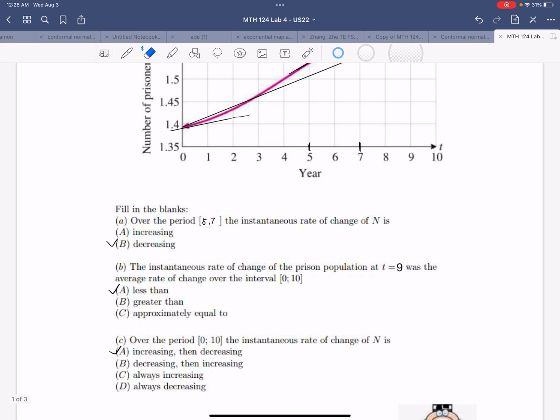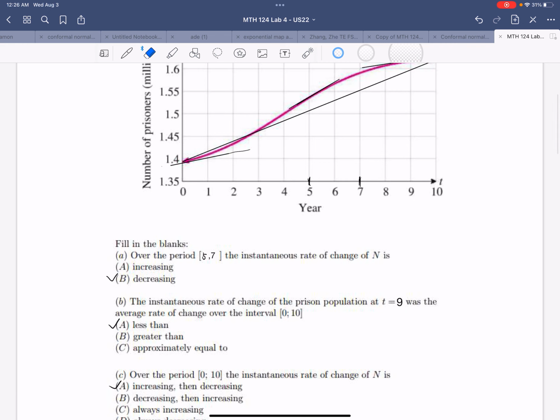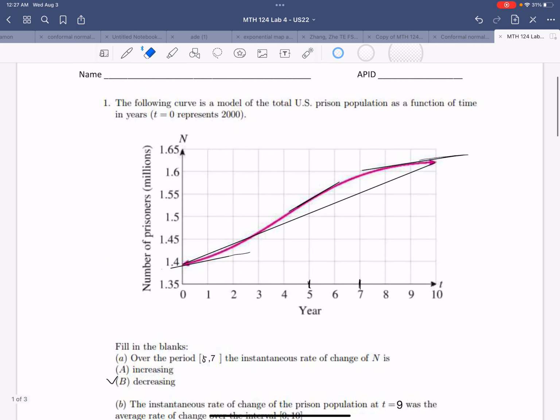The second part says compare the derivative at 9 and the average rate of change. At 9, the tangent line is almost horizontal, right? And this line here is the average rate of change.